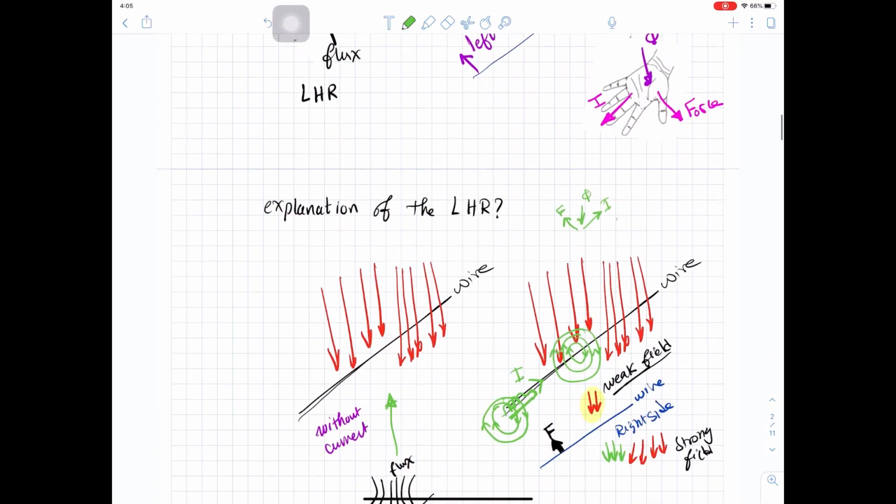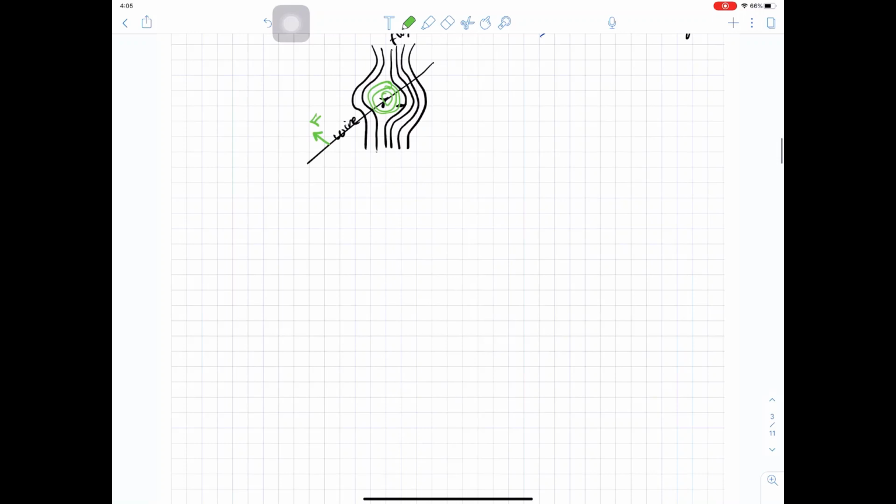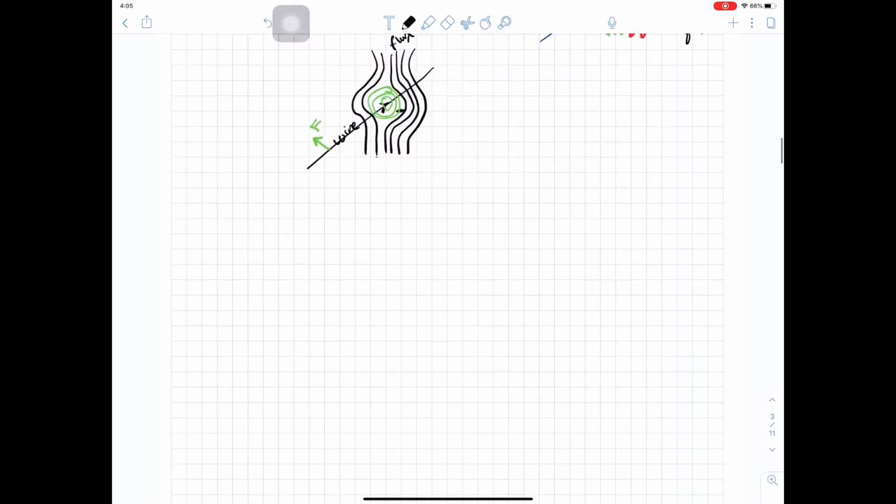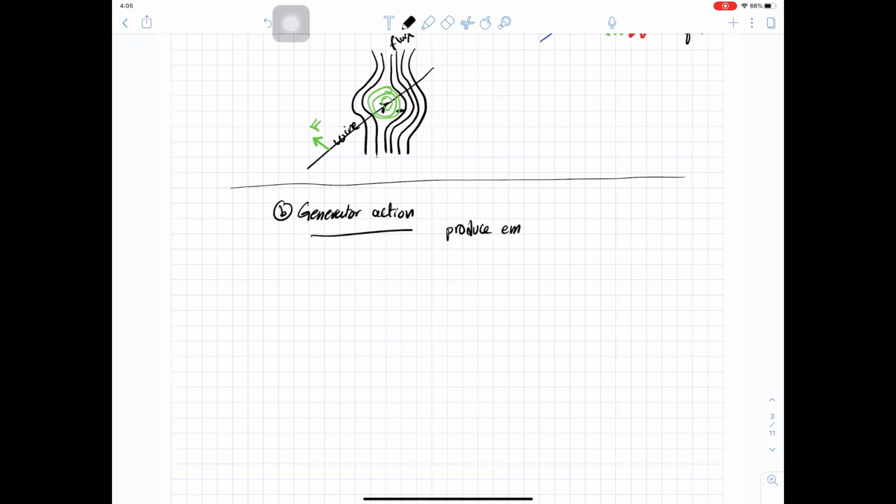Now let's go to the second type of action, and it is no surprise that it is the generator action. So what is a generator action? Okay. So the generator action is to produce EMF, electromotive force.